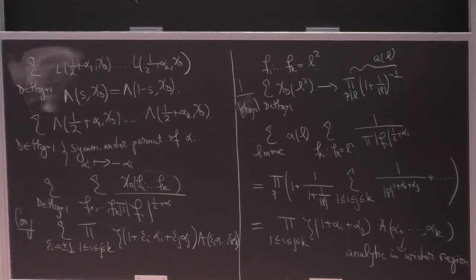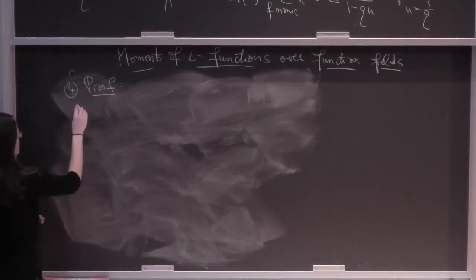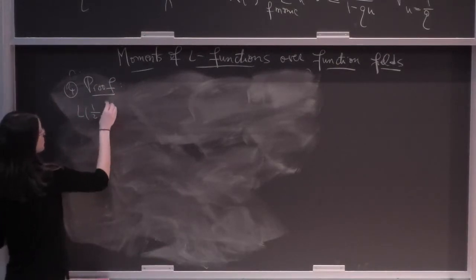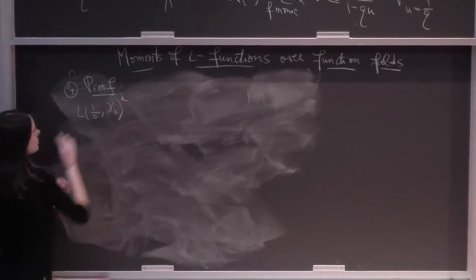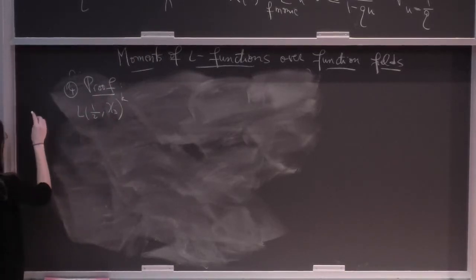Okay, so now I want to talk a little bit about the ideas of proof. I will start with the kth moment. In general, I will focus on the fourth, but these hold for any k. So I will start with the approximate functional equation.